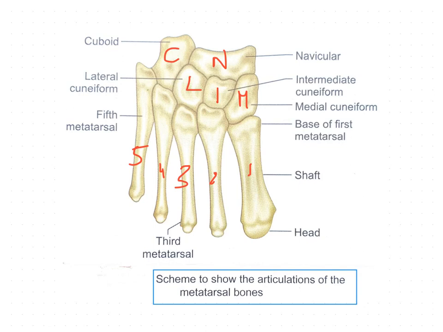Now how the first, second, third, fourth and fifth metatarsals articulate with the tarsal bones, forming tarsometatarsal joints. These metatarsals are 5 in number, and each has a base on the proximal end, and a shaft and head on the distal aspect.